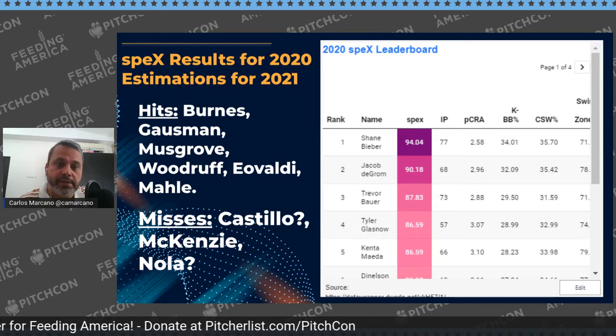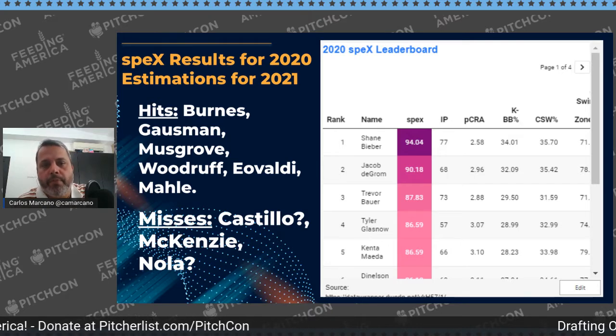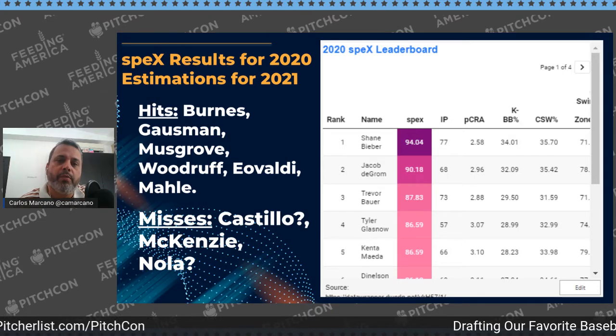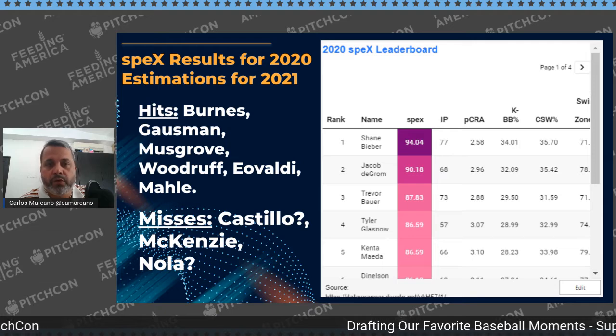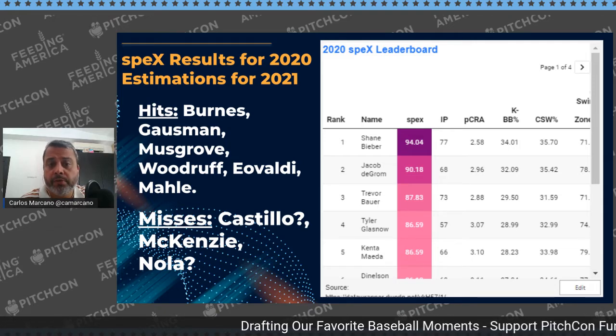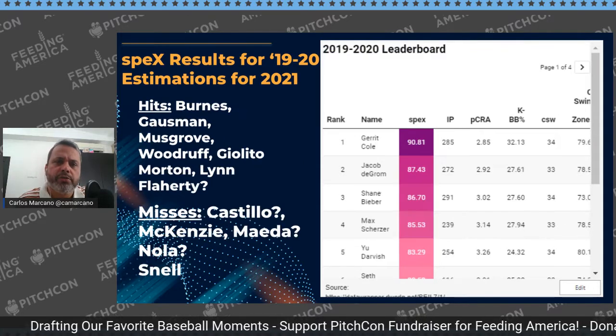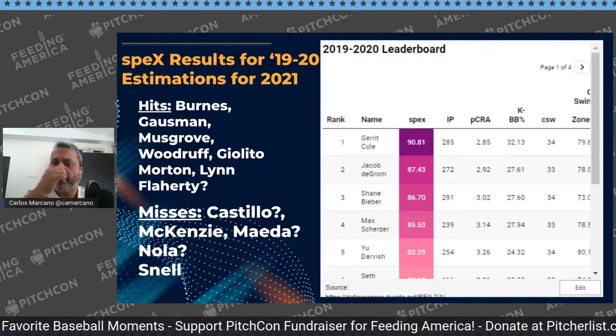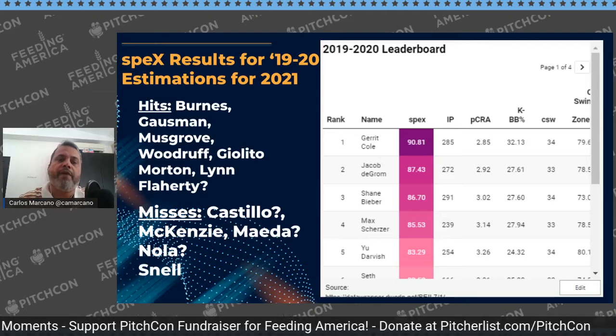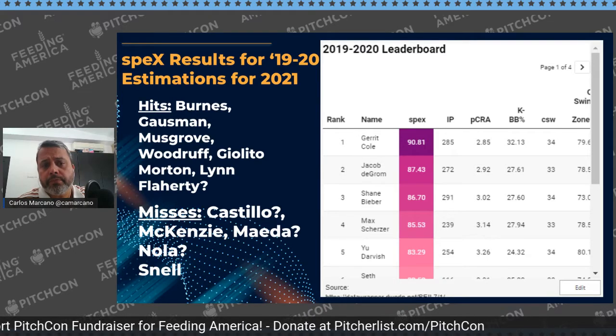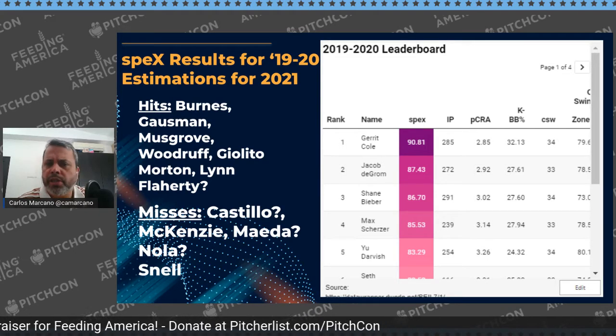As I said earlier, the more data we have in a SPECS, the better it works. So what I also did was put together 2019 and 2020, so we could have a bigger sample, and the results were pretty much similar.